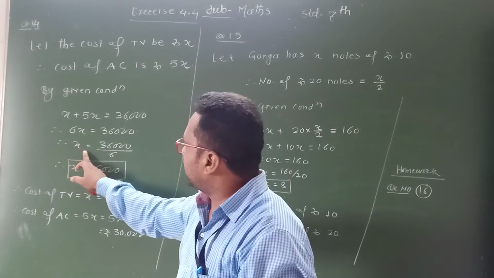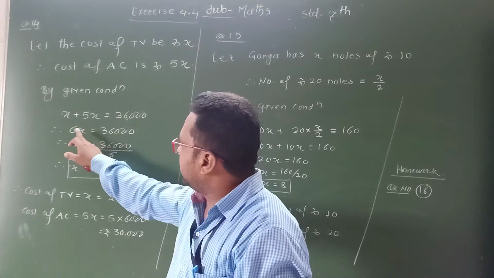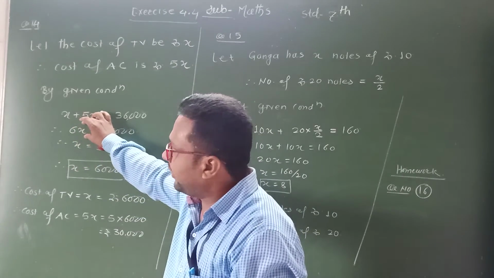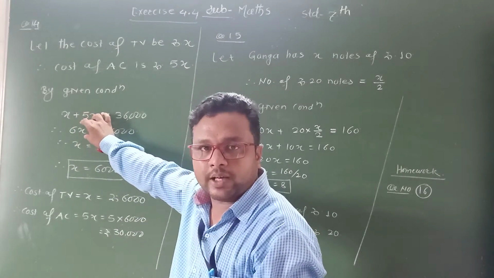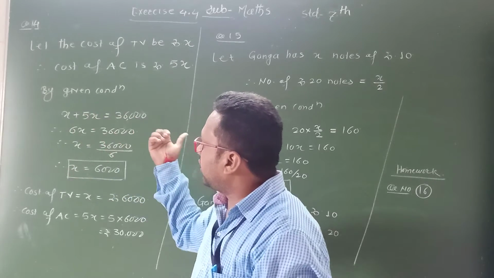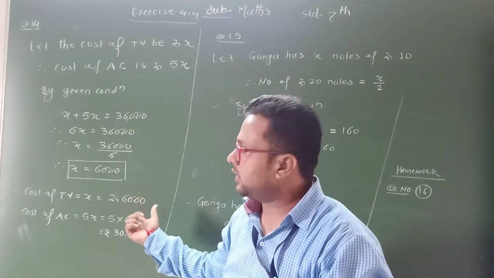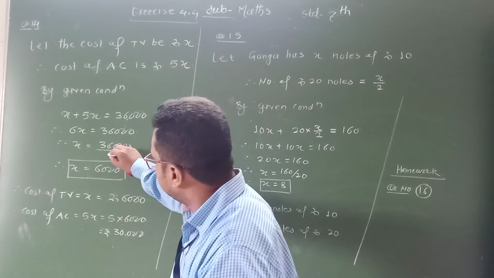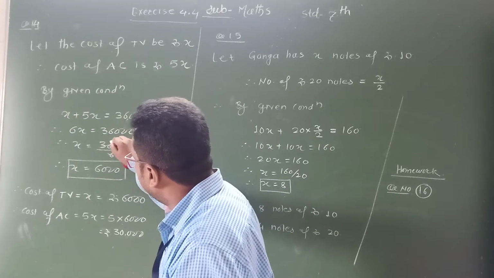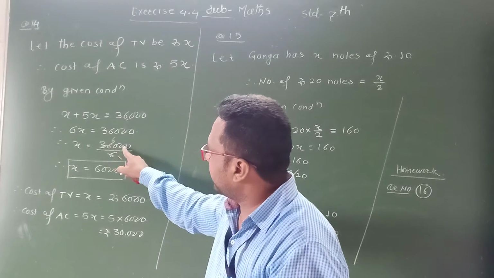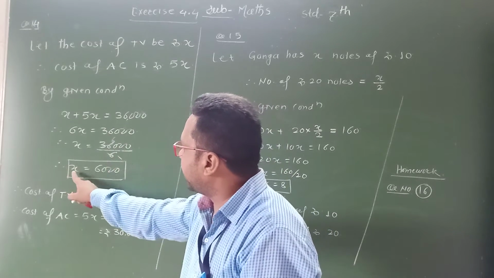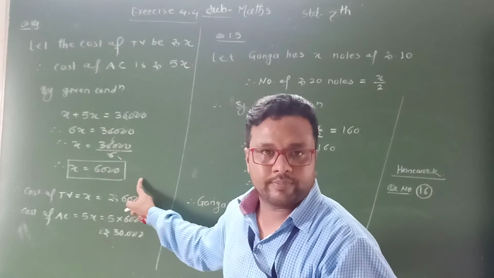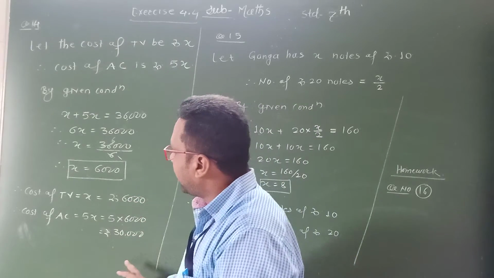Therefore x is equal to 36,000 upon 6, because 6 is in multiplication on the left hand side with the variable x, so we transfer it to the right hand side and it will come in division. 36,000 upon 6: 6 sixes are 36, followed by 3 zeros. Here we get the value of x is equal to 6,000. Clear?